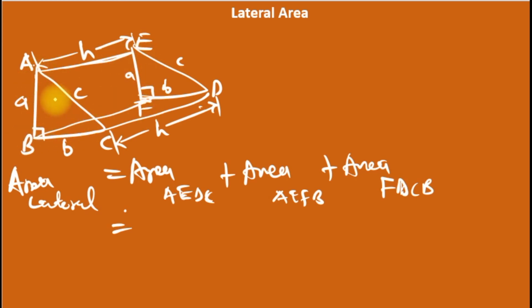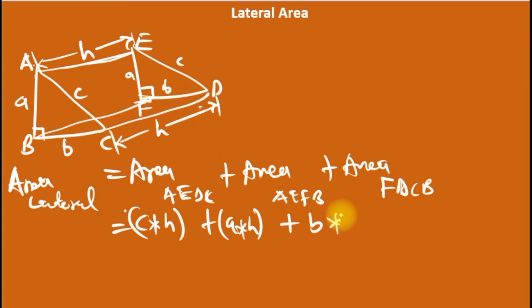Check it. AEDC is a rectangle. So the area of a rectangle is length times breadth, plus AEFB, which is A times H, plus the last one, FDCB, which is B times H. So as you can see, we can factor H out.